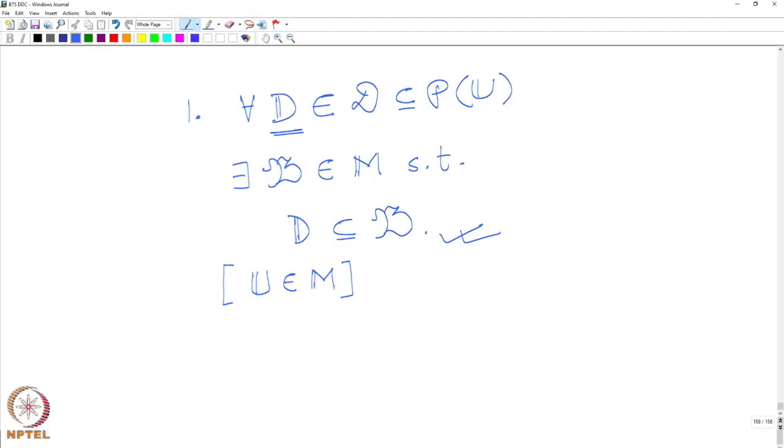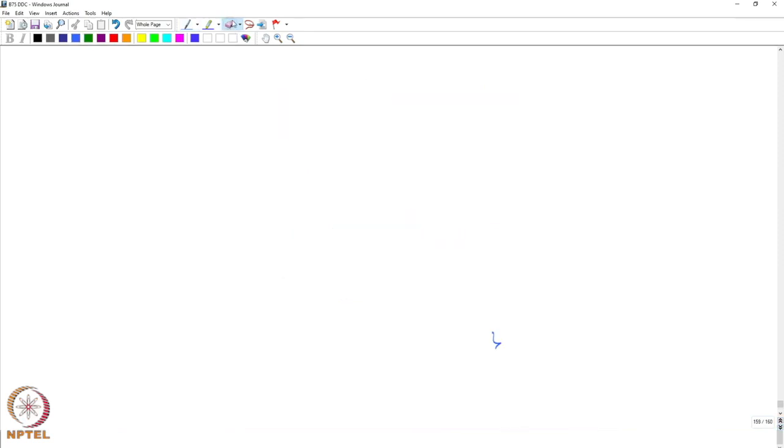Right. Now what is the second condition? The second condition is a bit more interesting and a bit more non-trivial. The second condition is as follows: for all, notice carefully, sub-model class, that means within the model class, suppose you look at a subclass of models, and then you look at the intersection of all B prime belonging to the submodel class.